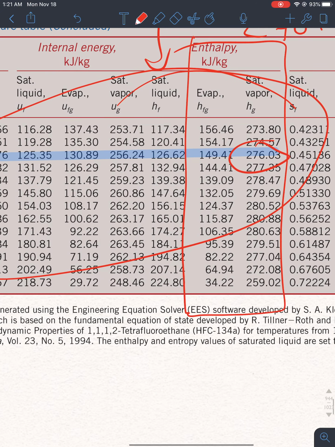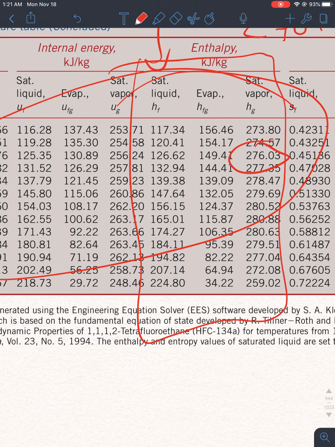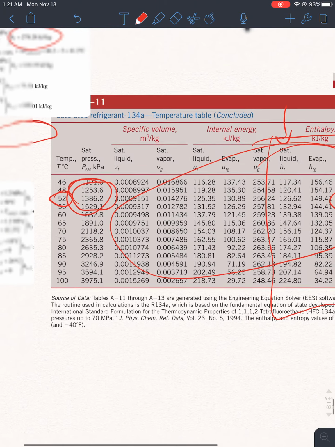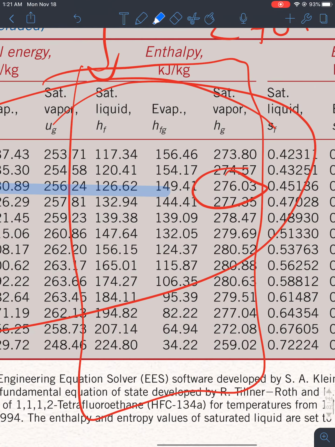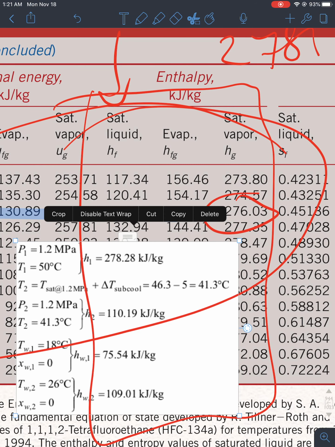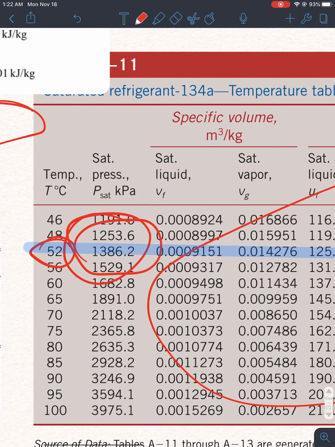Oh man. Whoops. We're looking for this. Here's the enthalpy table. At 52 degrees. And the value is, we're not 52.